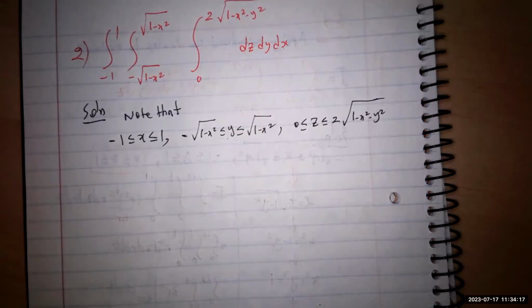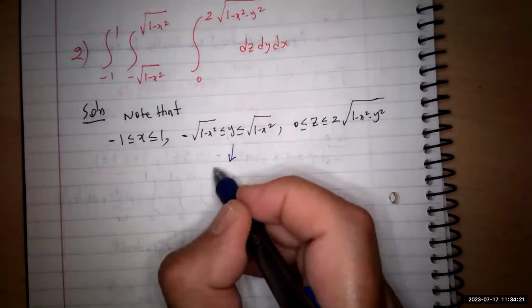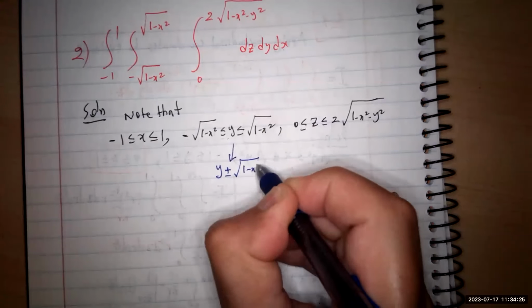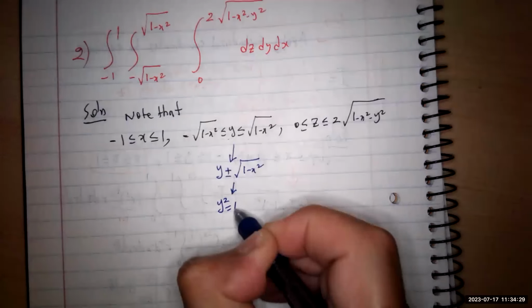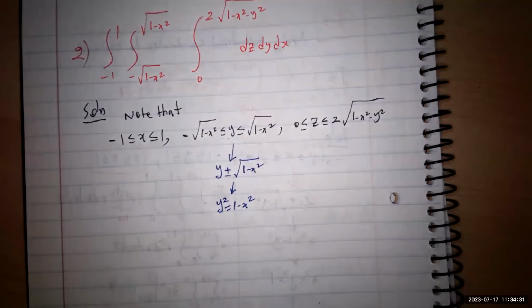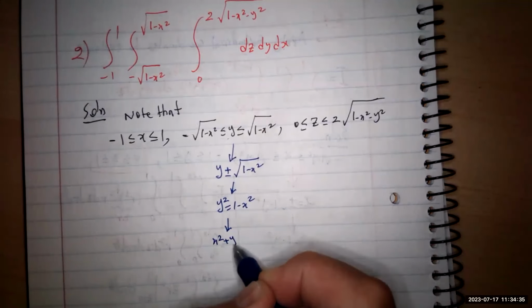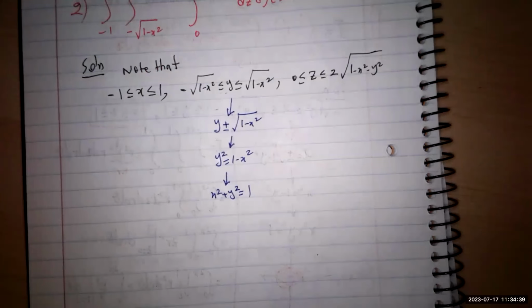So we start from here to confirm the unit circle in two dimensions. You square it, y squared equals 1 minus x squared. So you have the unit circle, x squared plus y squared equals 1. That would be easy.